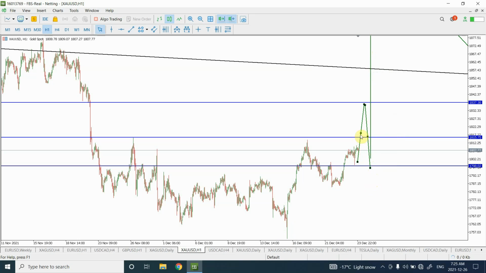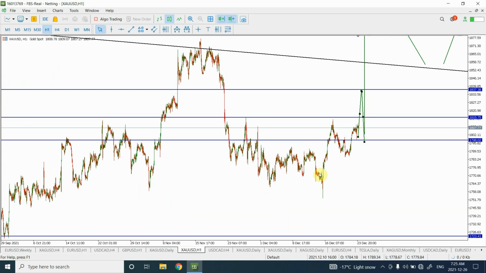You do not want to take small profit and then get out, and small profit and then get out. So let the trade run. Keep your stop loss right over here. Take small trades, use small position size, and let the trade run. It will make you money.